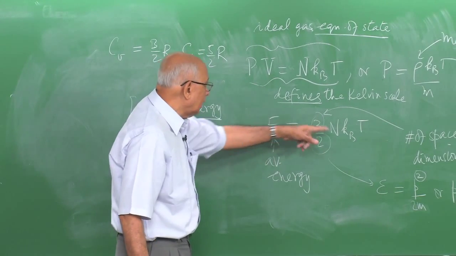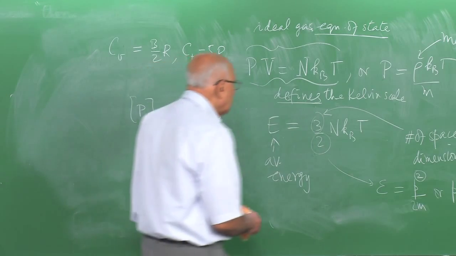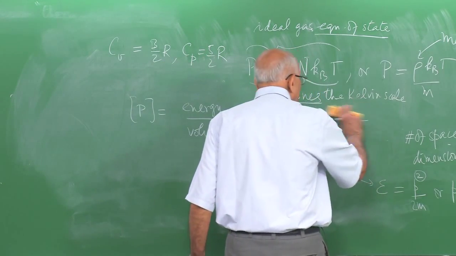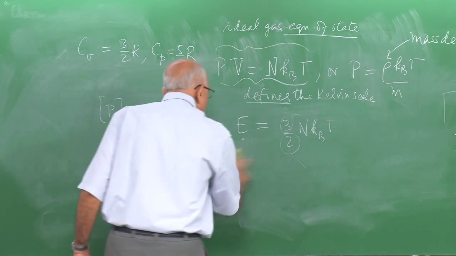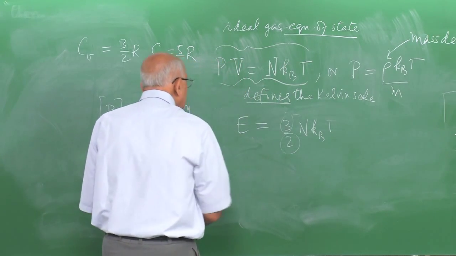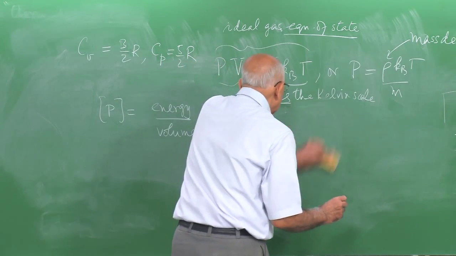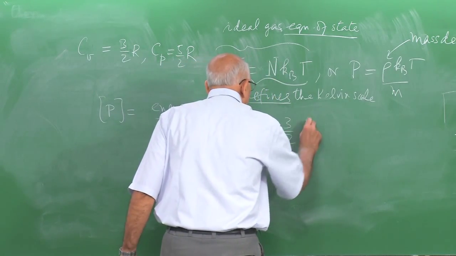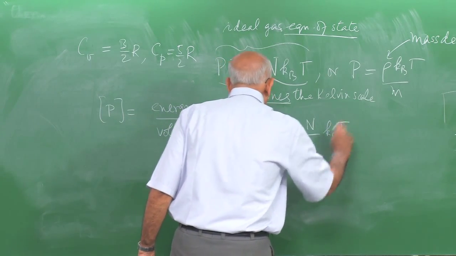You can see that it is 3/2 nkT. So once again, if I introduce the number density, E over V is 3/2 N over V k Boltzmann T.